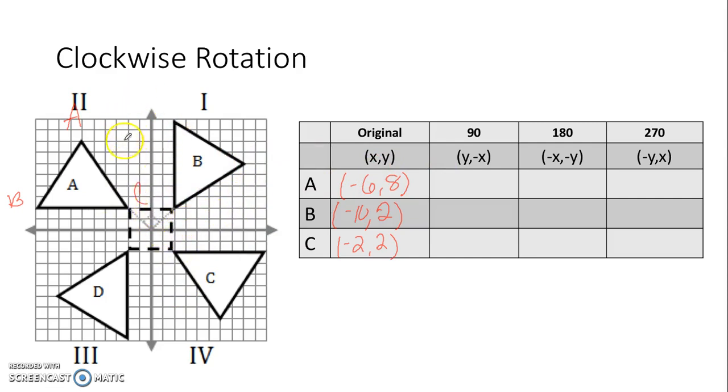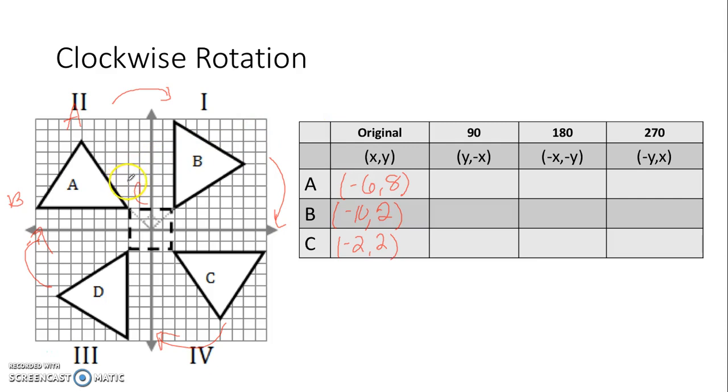Now if we are doing a clockwise rotation, that means it's going to rotate this way. There are two different ways that you can think about this rotation. One is more abstract, and some of us are more abstract thinkers, and some of us are more concrete thinkers. Honestly this is the way that I think, but I will show you both.